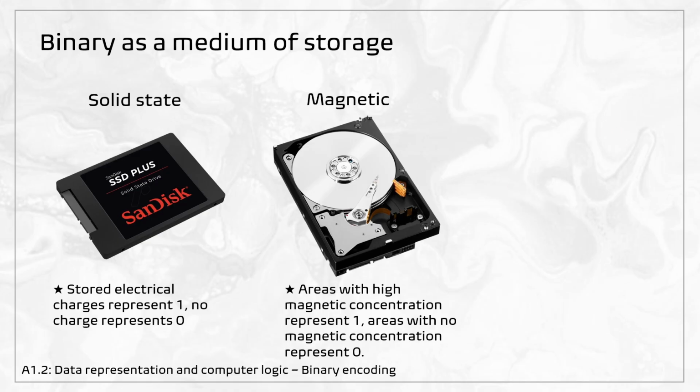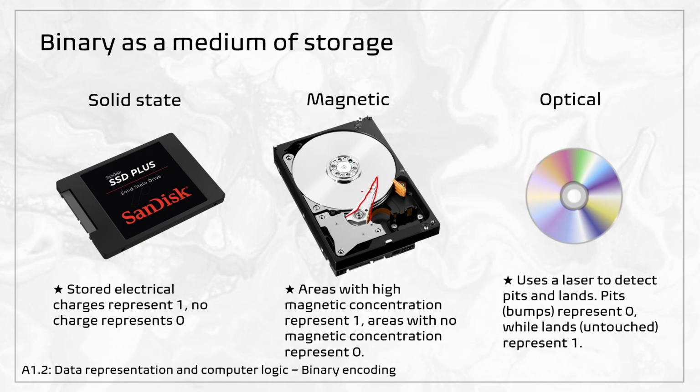And this little device called a spindle is responsible for reading the different magnetism levels inside of this disk. For optical drives, the little bumps that we talked about on this optical drive, also called pits, represent a 1, and areas with no bumps, or lands, represent 0. Everything that's related to computing and digital information uses binary in some way to store information.